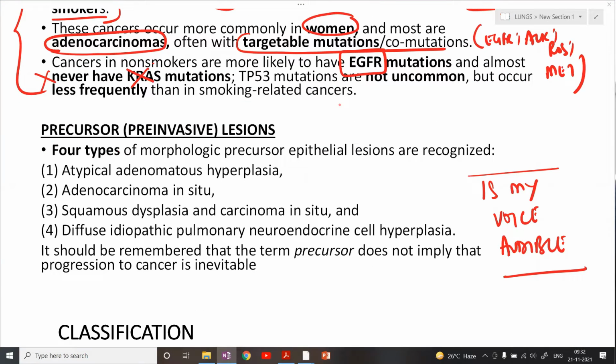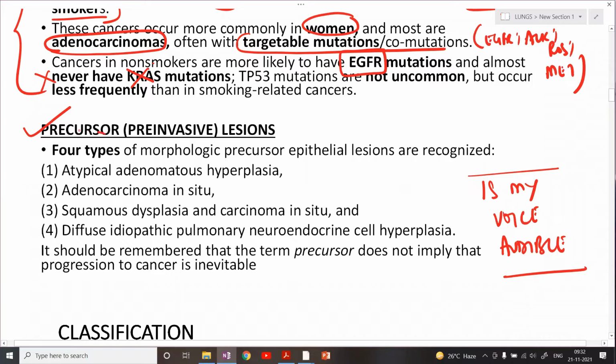Now, what are the precursor lesions of lung cancer? As I told you, lung cancer goes from metaplasia to dysplasia to carcinoma in situ. Then there are certain pre-invasive lesions which just precede the development of lung cancer.